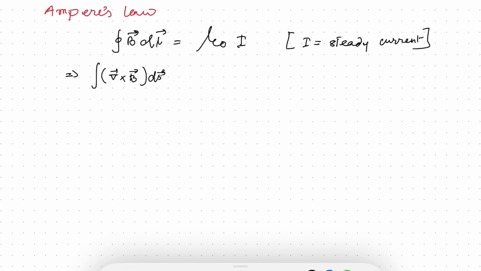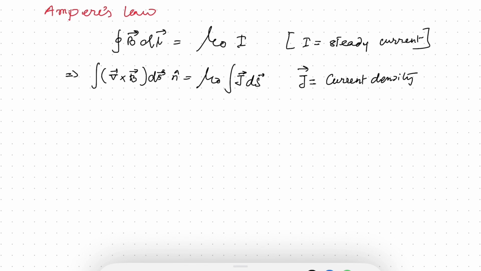This is ds now, and mu naught I is nothing but the integration of J dot ds. Here J is the current density.